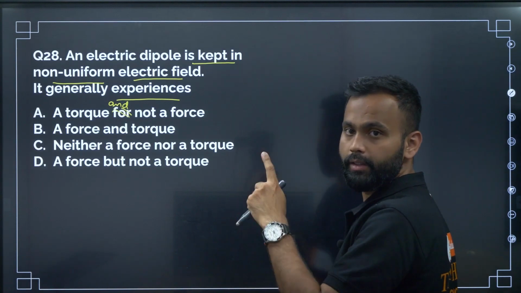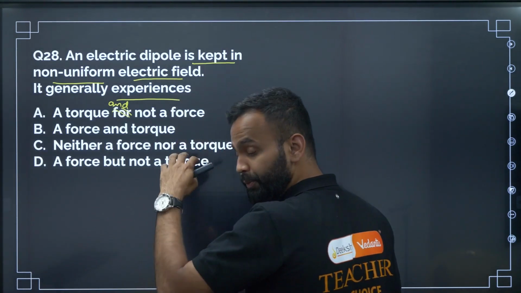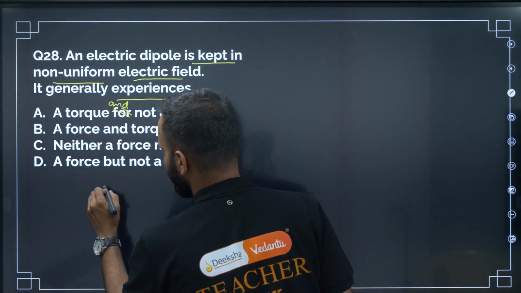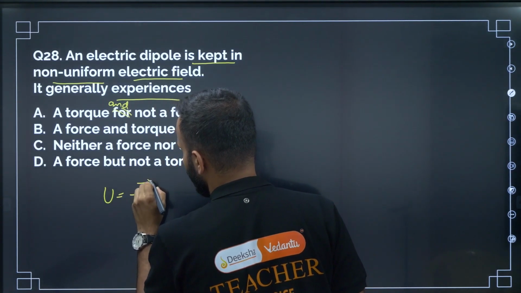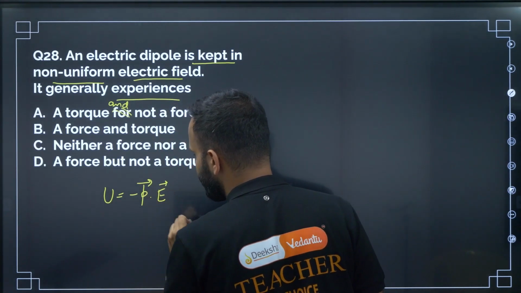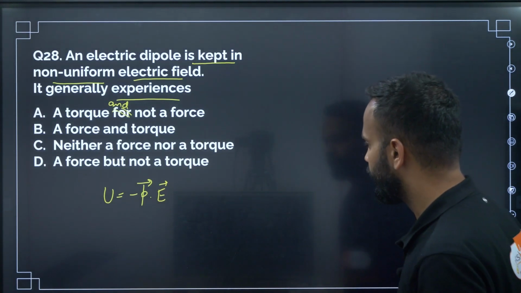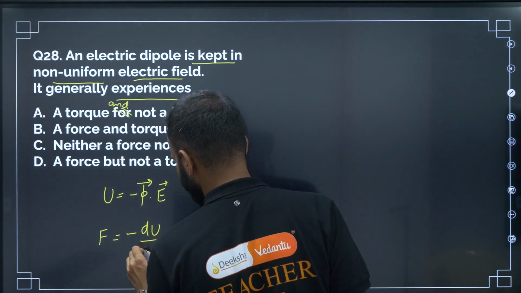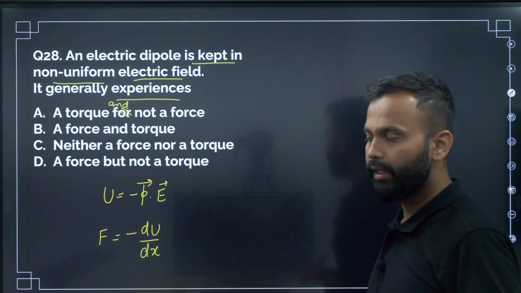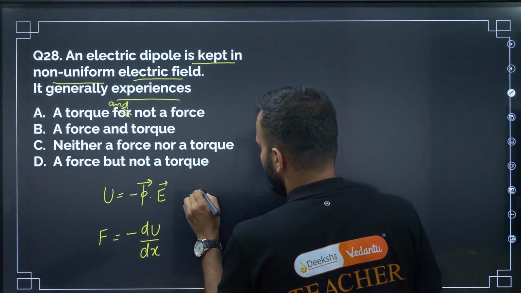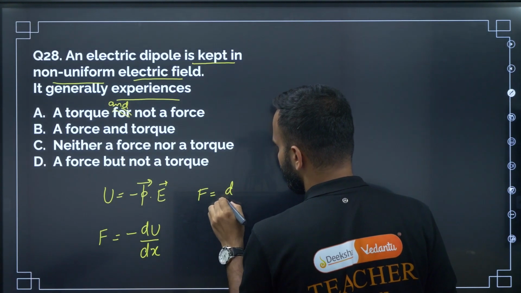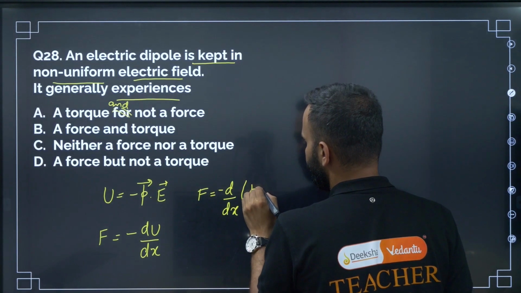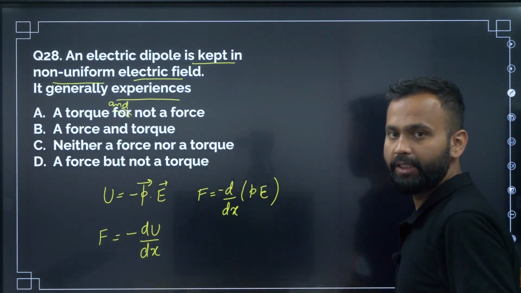Force acting on the electric dipole, when it is placed in a non-uniform electric field. What is the potential energy of the dipole? The potential energy of the dipole is minus P dot E, where P is the dipole moment and E is the electric field vector, right? And the force is equal to the negative gradient of potential energy. So now F is equal to minus d by dx of P into E, so this has to be minus P E cos theta.